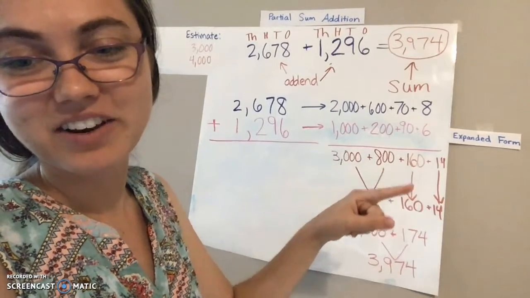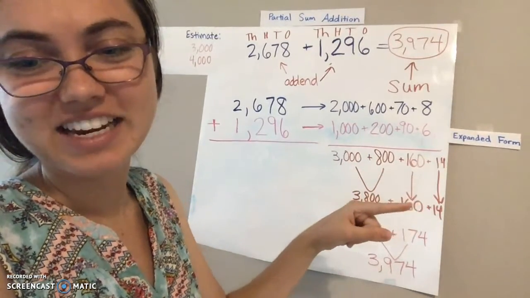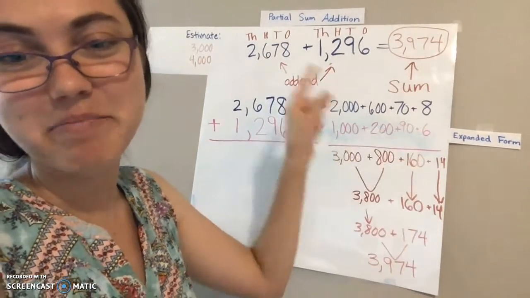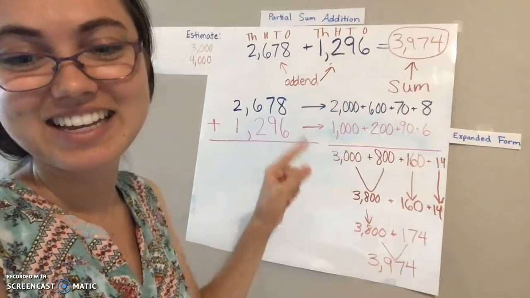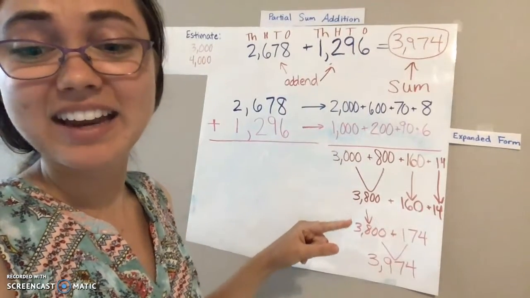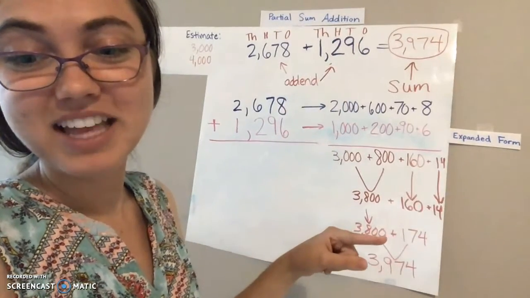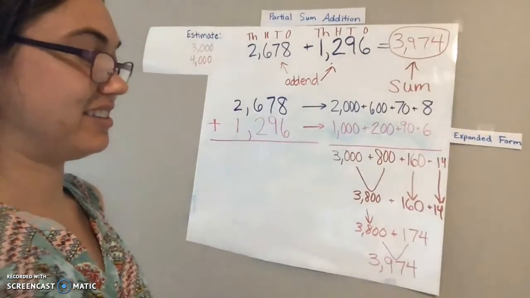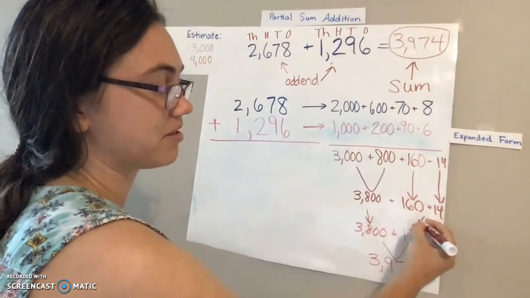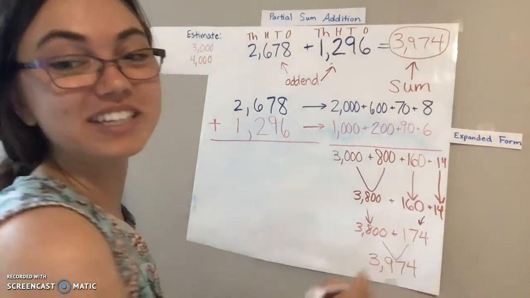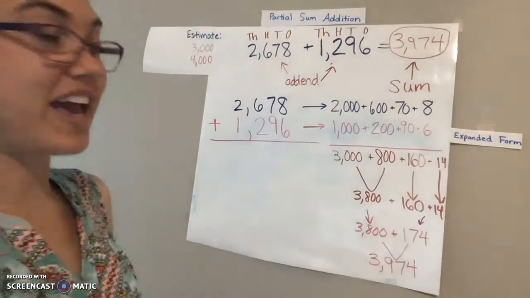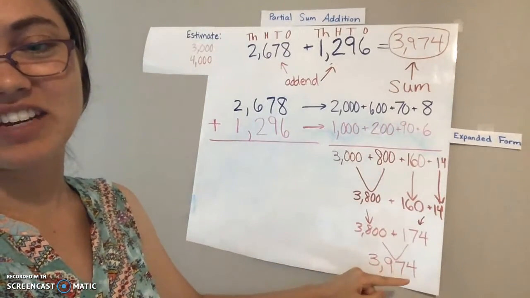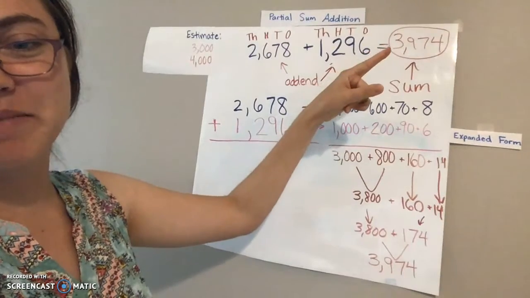And then we brought down 160 and 14 because we've got to add all the parts that make up these two addends. So after we added 3,800 plus 174, which was our sum from 160 and 14, we got a final sum of 3,974, and we wrote our sum up here.